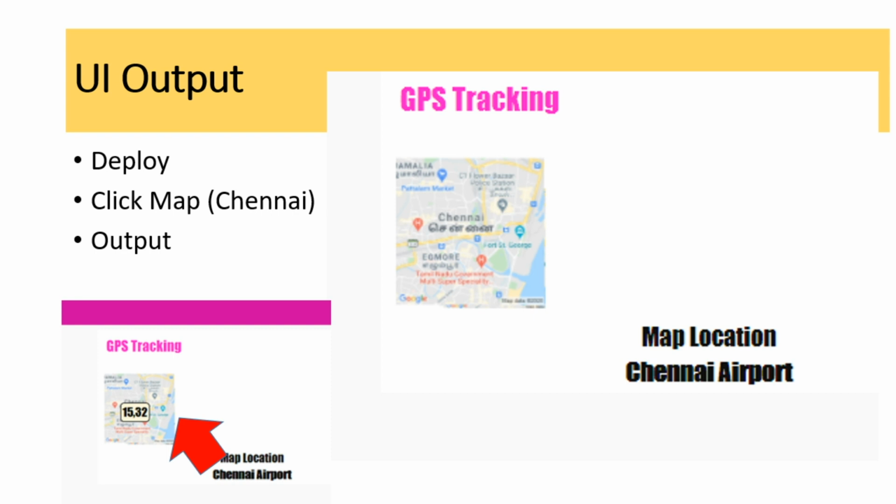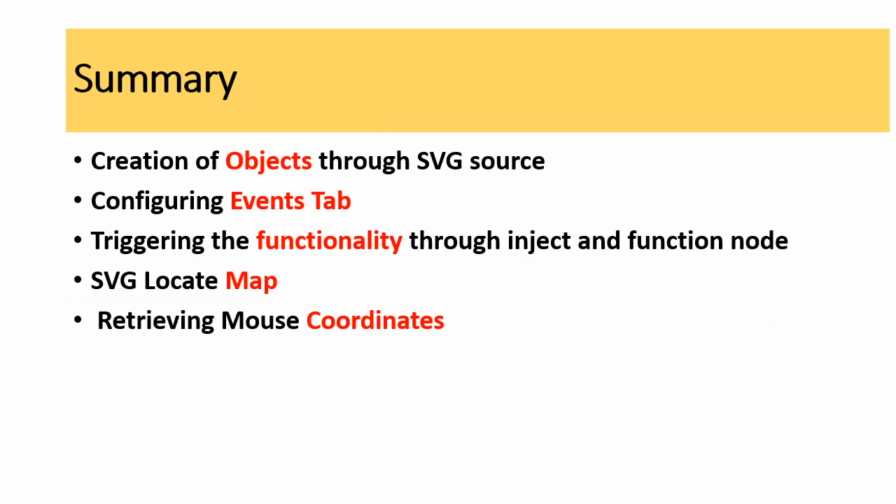Then you can see the mouse coordinates 15, 32. Like that, if you move your mouse across, the coordinates will be displayed. This will help you to configure your required locations in this GPS tracking. So your output will be produced here as Chennai airport.